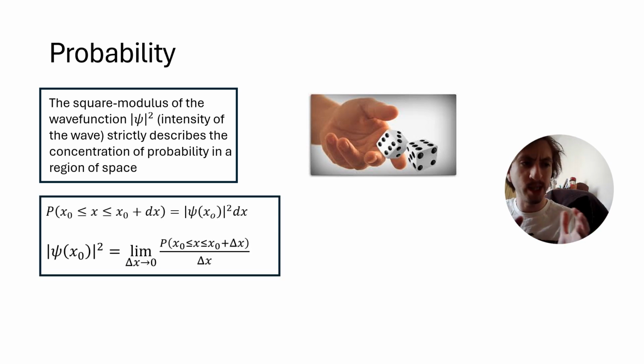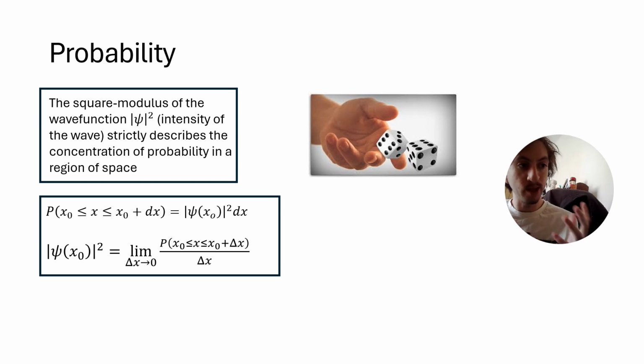Now that might sound a bit abstract, so what I really mean is if we're considering a point, say, in position space, so a wave function is going to be a function of position, we might ask, what's the probability of us finding this particle in between the position x0 and x0 plus dx, where dx is an infinitesimal displacement along the x-axis?